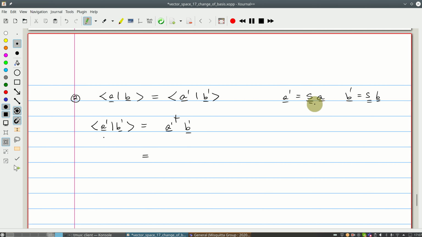This is equal to, now A prime is this, so we have S A dagger times S B. You can bring the dagger in and swap the order, so we get A dagger S dagger S B. Since S is unitary, this is equal to the identity.